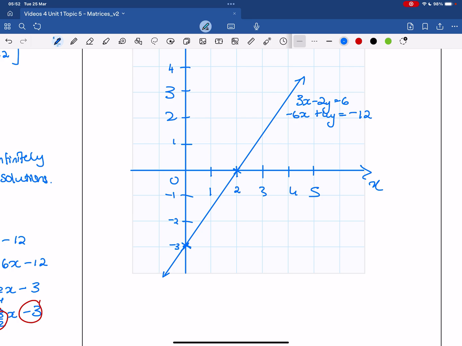Now, when I have two equations which are giving me an infinite number of solutions, what we do in that case is we define another variable called the parametric variable or the parameter, so that for any x coordinate or any y coordinate on both of those equations, I can find that value.